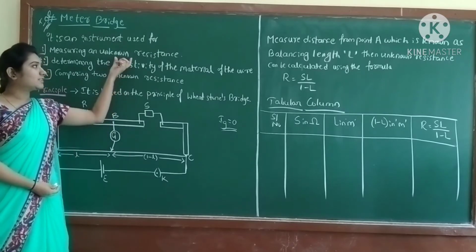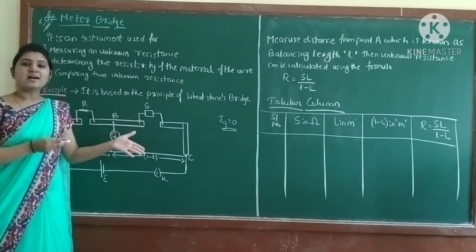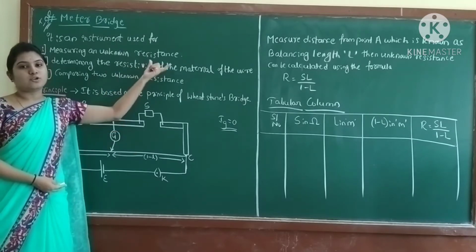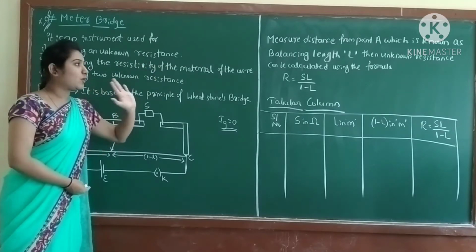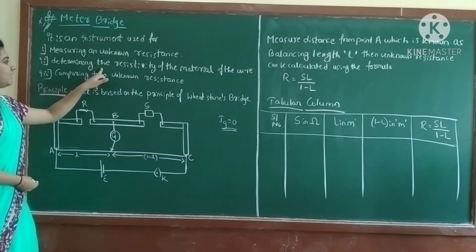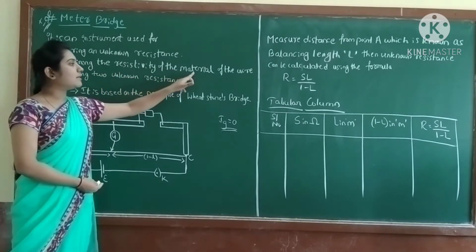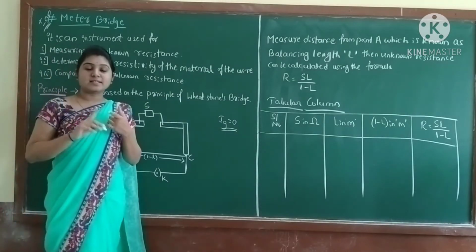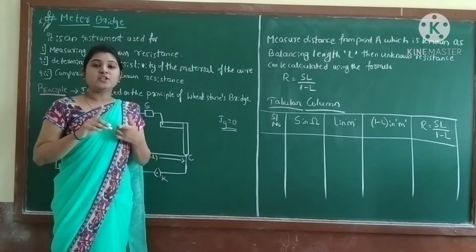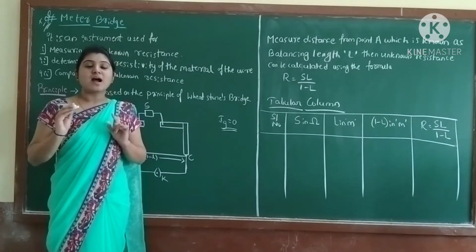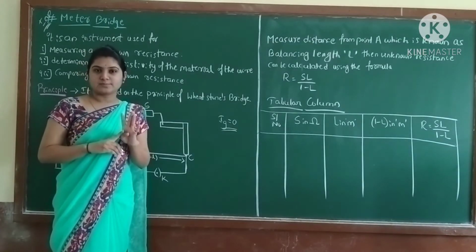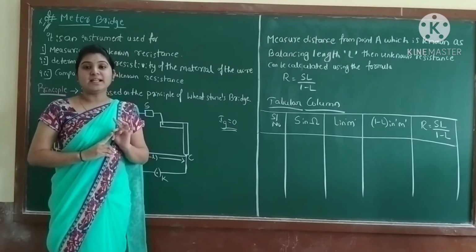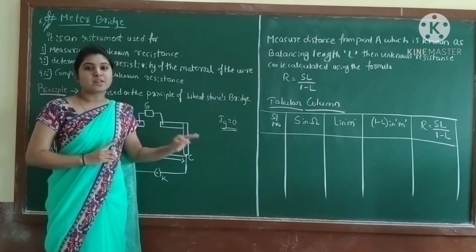So first point, similar to the Wheatstone's bridge, it is used to measure the unknown resistance. Second one, determining the resistivity of the material of the wire, that is the wire used in the meter bridge.